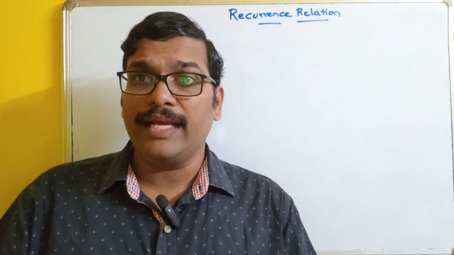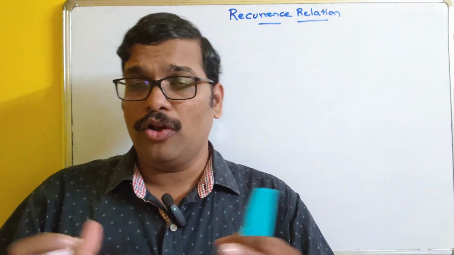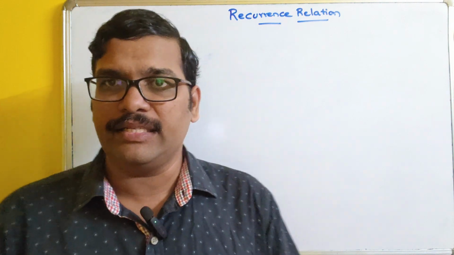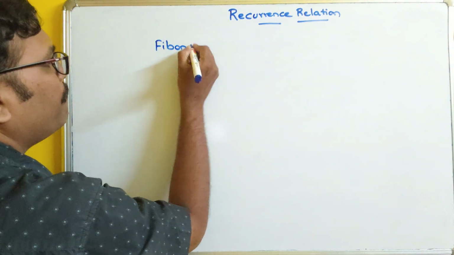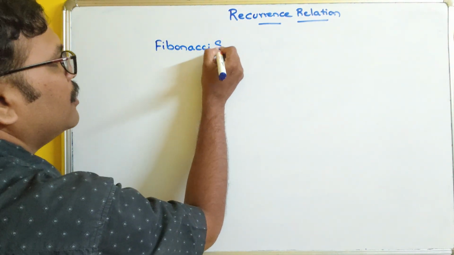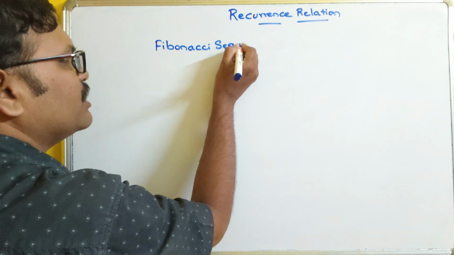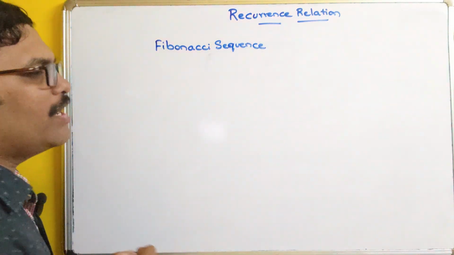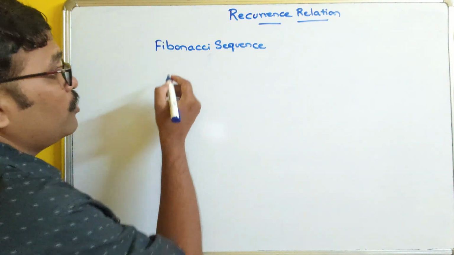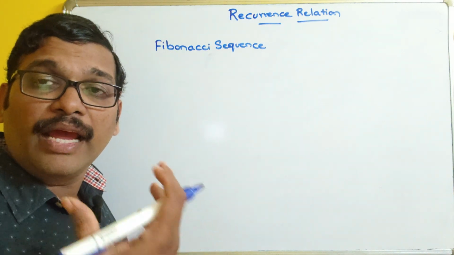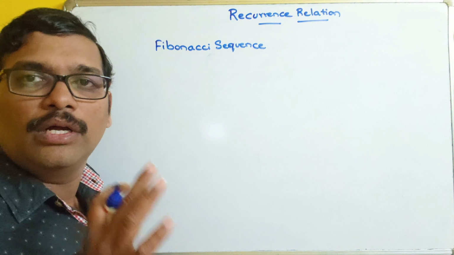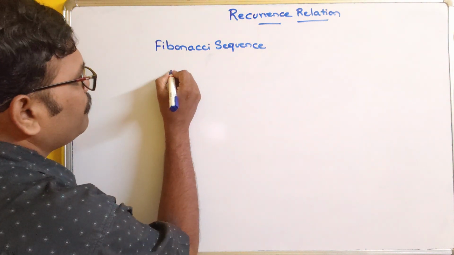We all know the problem of the Fibonacci series, right? Fibonacci sequence or series, anything. So what is a Fibonacci sequence? The current value will be the addition of the previous two values.